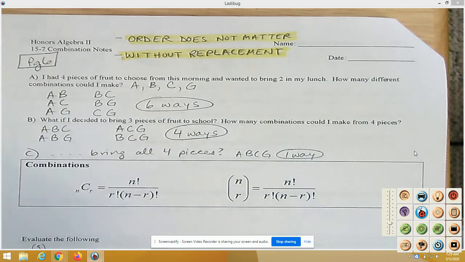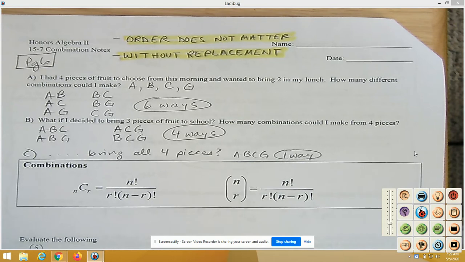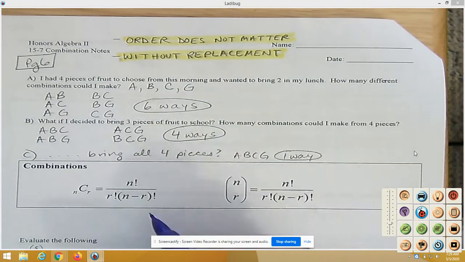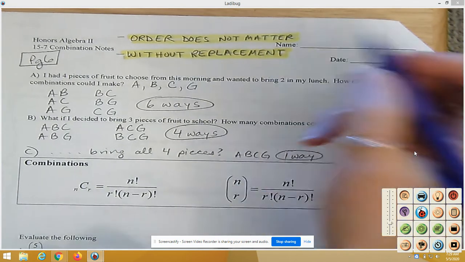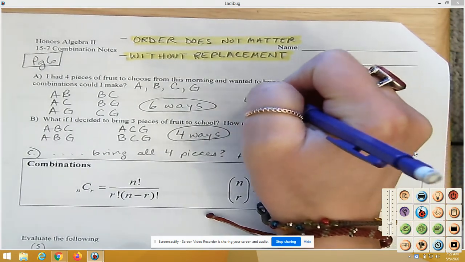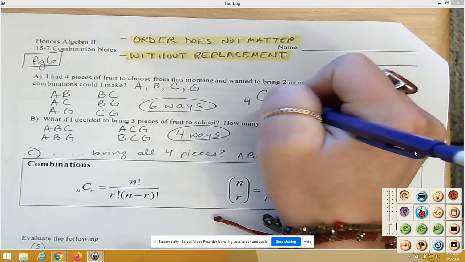Okay, well, what would that look like using a formula? So we're using a combination formula here, and it's called nCr, and we're going to have 4 total options, and we're going to choose in letter A 2 of them.